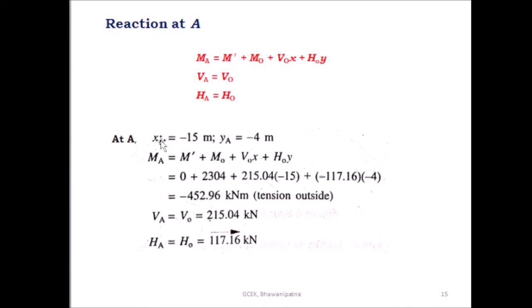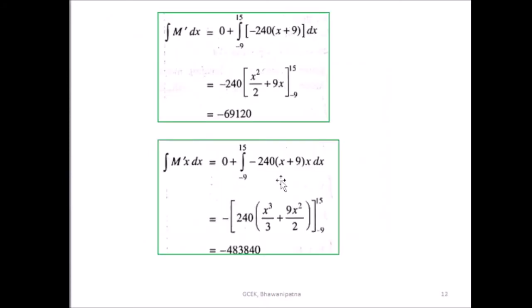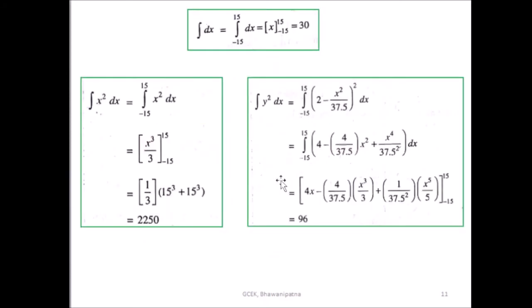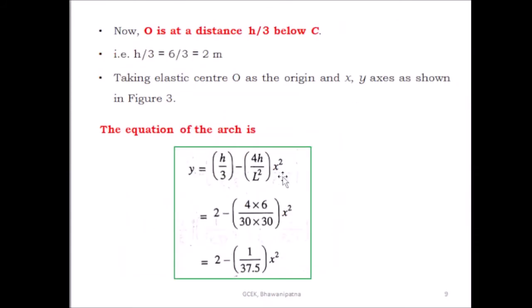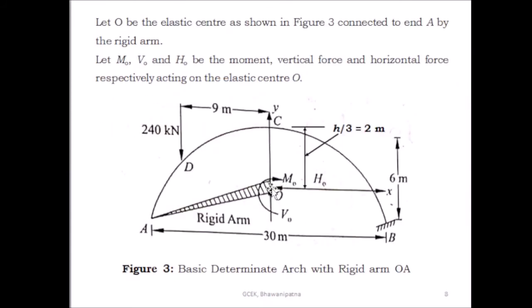But the coordinate of A, with respect to the elastic center, this is the elastic center and this is the origin, and this is the x-axis and this is the y-axis. What is the coordinate of A? From the elastic center to the crown is 2 meter and the total rise is 6 meter.